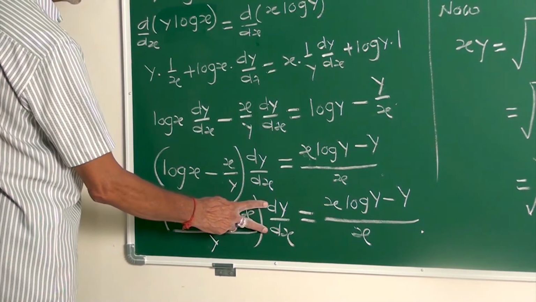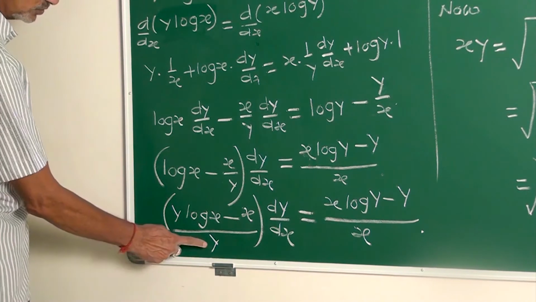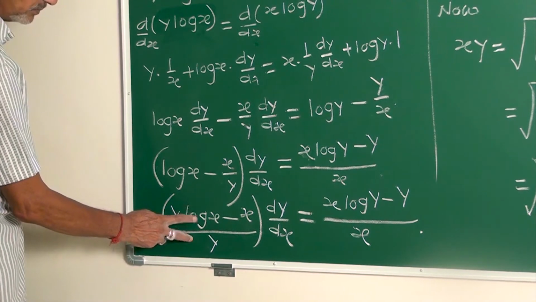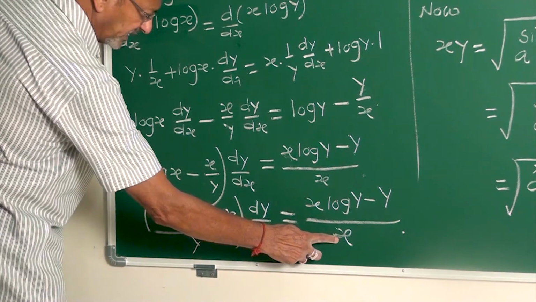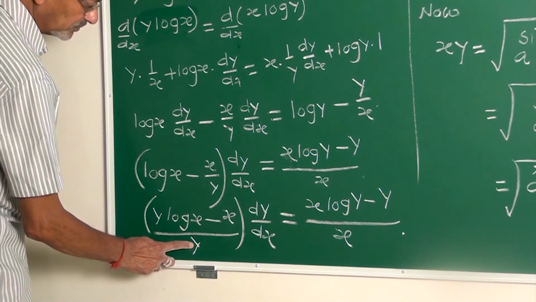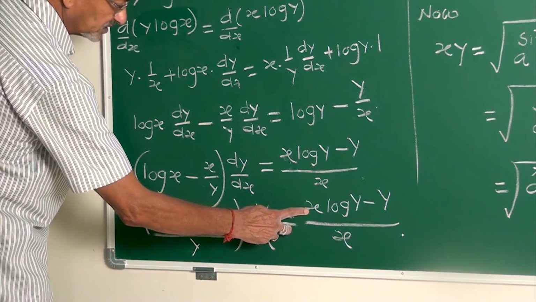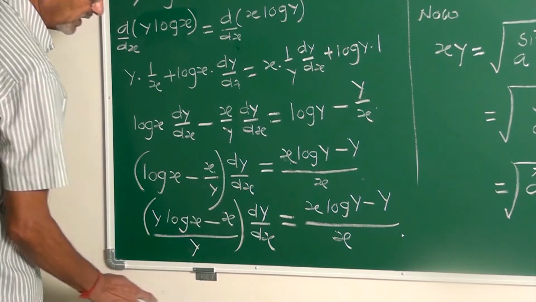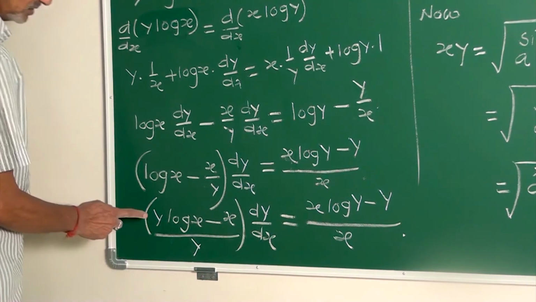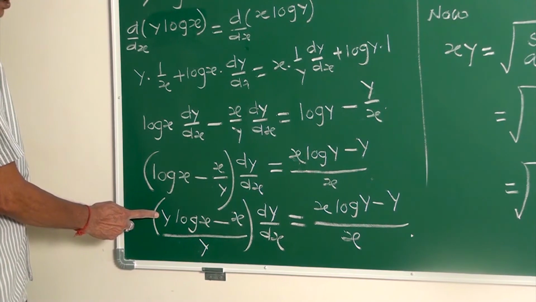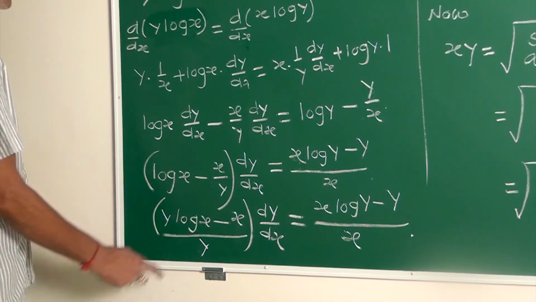Solve for dy by dx. Dy by dx equals a by b becomes b by a: y upon x times the numerator x log y minus y upon x, and the denominator y log x minus x.